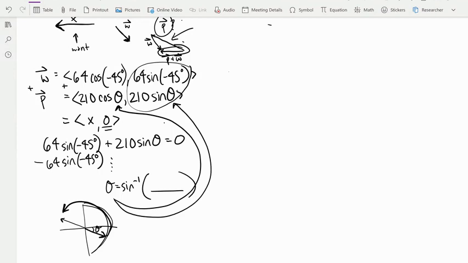Since the y component is 0, you just have to find what the x component is of the resultant, right? And then x times time is equal to 315. So time will be 315 divided by the x component of your resultant vector, because the x component by itself will be the magnitude.